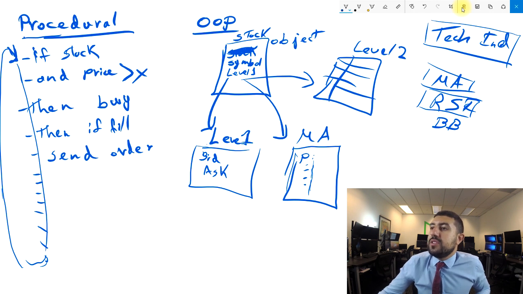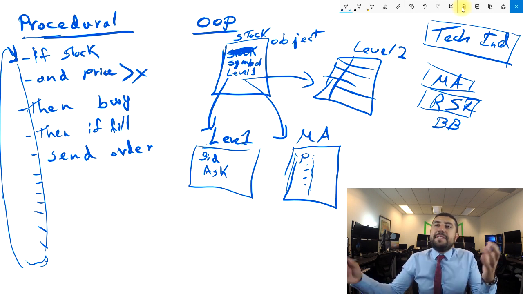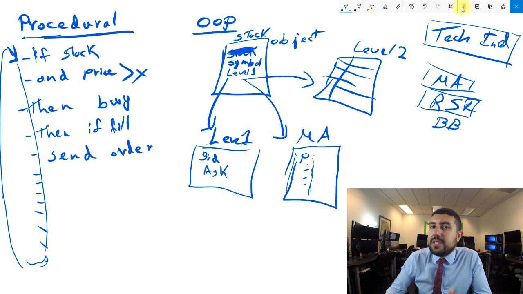So this is the parent and these are children. It's like saying a feline is a parent and a cat is the child of that parent. So they can have common traits. They all have maybe timestamps and different things that they all share, so they would inherit these things from this parent class.